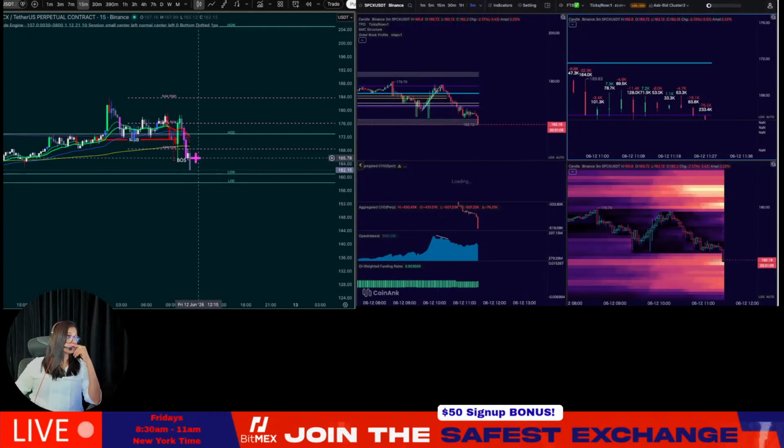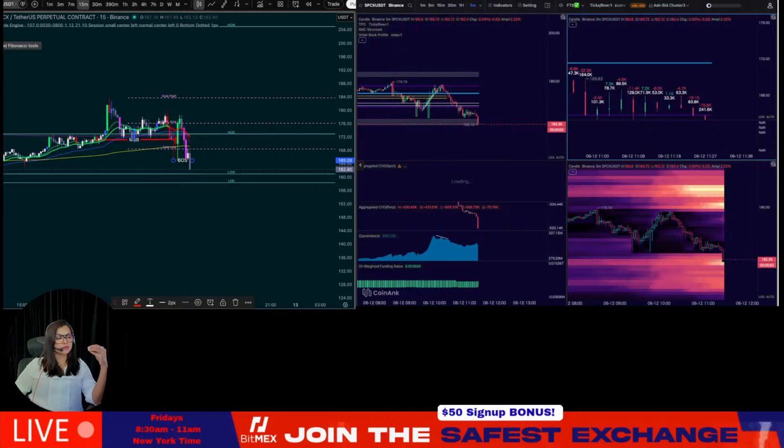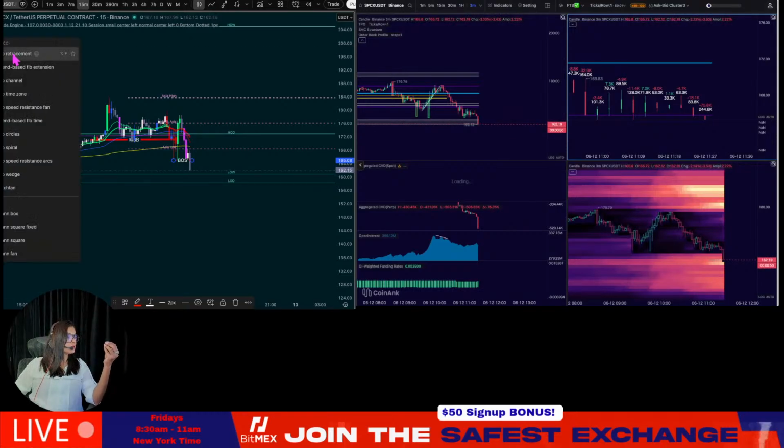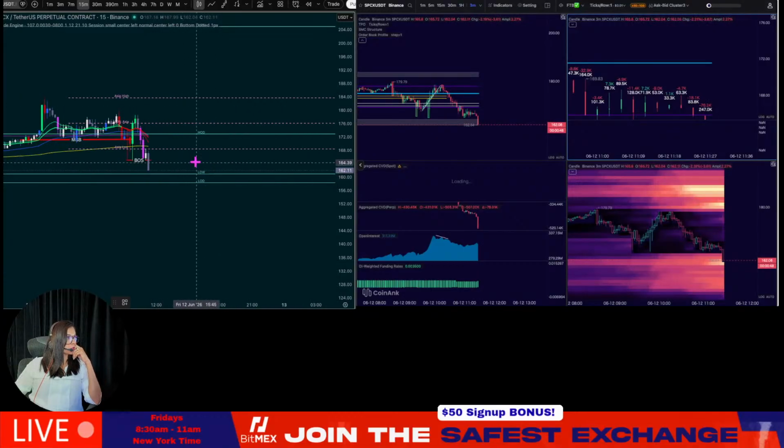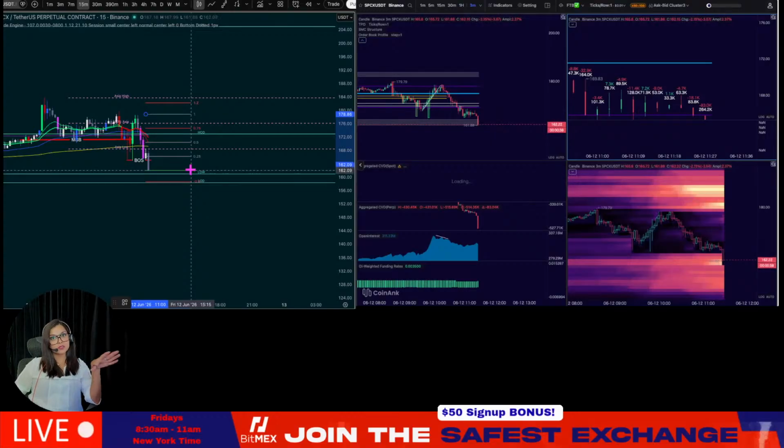As we go further down, I'll continue drawing my fibs just to see if the trend will continue. So my fibs will be again from this area to wherever it stops to consolidate before going further down.